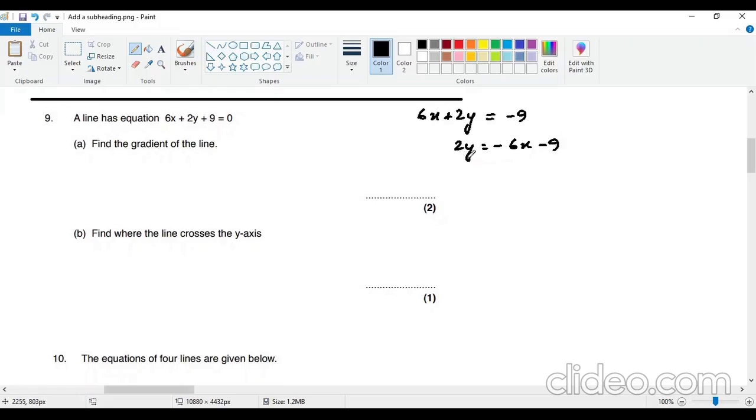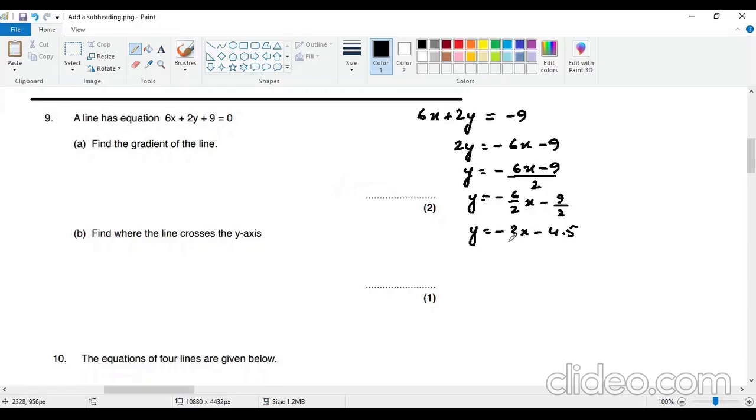And 2 is multiplying with y, so you take this to the other side. That means negative 6x negative 9 over 2, and remember this 2 is for both of them, so y equals negative 6 over 2x negative 9 over 2, and this is going to give us y equals negative 3x negative 4.5.